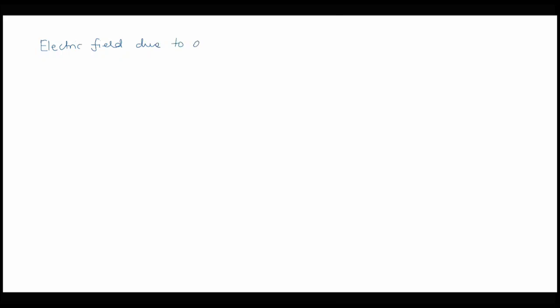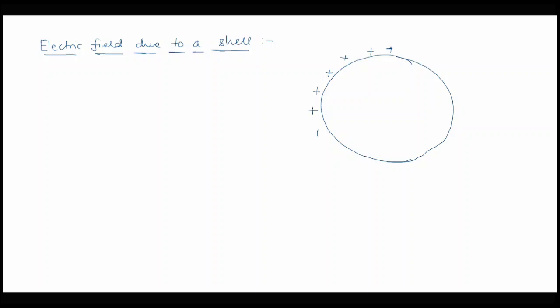If we consider a shell which has a charge distributed over it, something like this, we are considering that the charge Q is distributed uniformly over the surface of the shell, and we will be calculating the electric field inside and outside the shell.